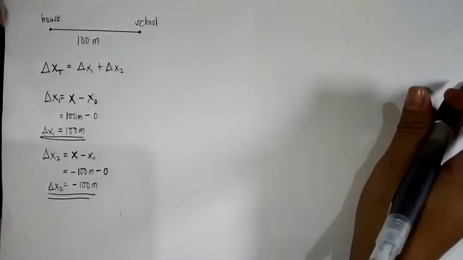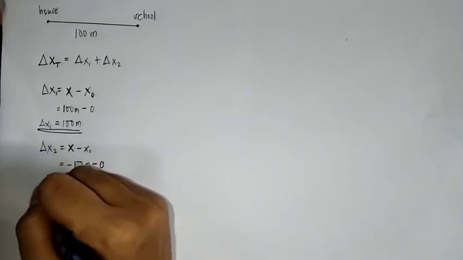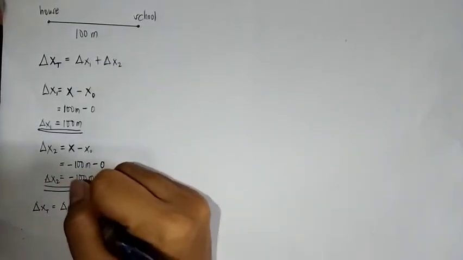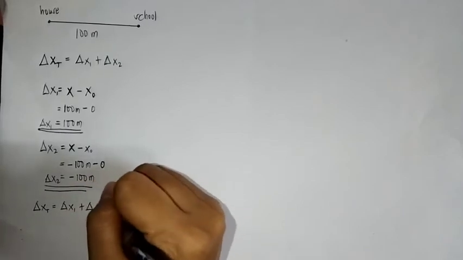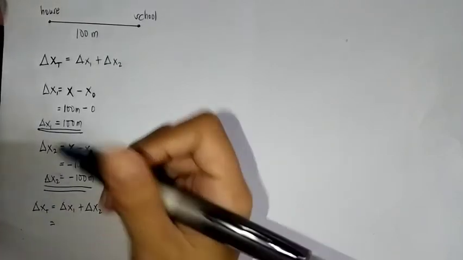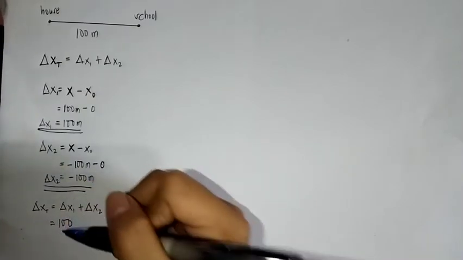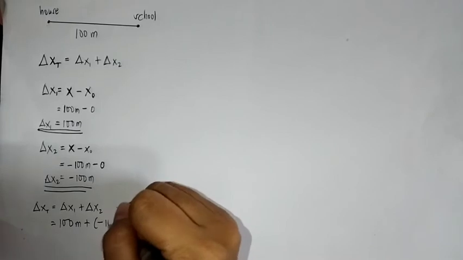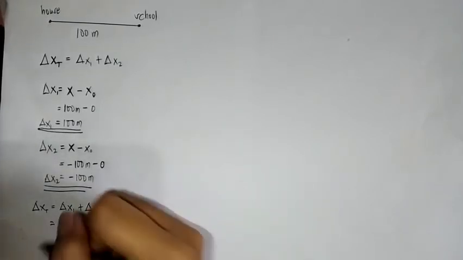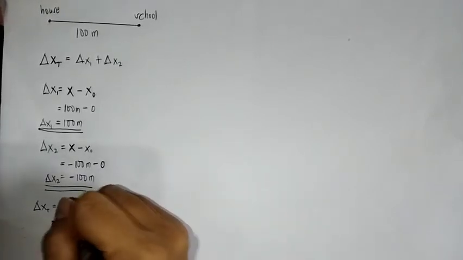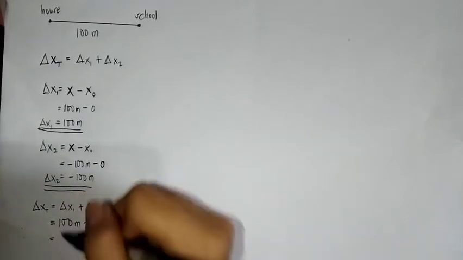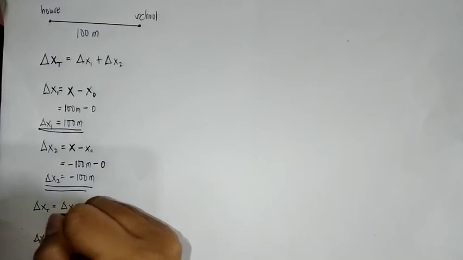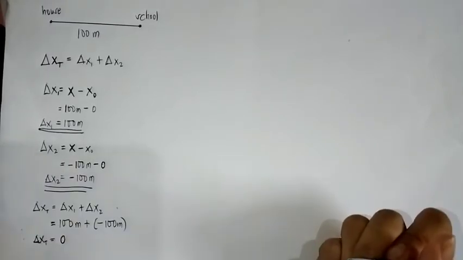For the total displacement, we simply add delta x sub 1 and delta x sub 2. Delta x sub 1 is 100 meters and delta x sub 2 is negative 100 meters. If we add them together, we get 0 as the total displacement.